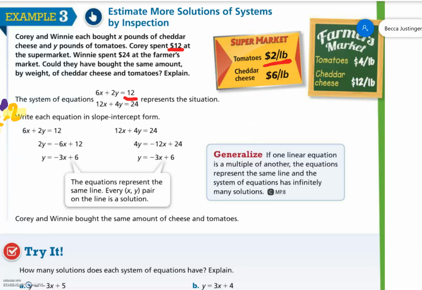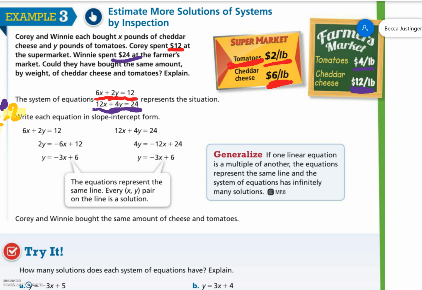So tomatoes are $2 per pound. That's where you get the 2y from. And cheddar cheese is $6 per pound. That's where the 6x comes from. Then Winnie spends $24. Her tomatoes are $4 a pound, and her cheddar cheese is $12 a pound. So that's where the 12x plus 4y equals 24 comes from.